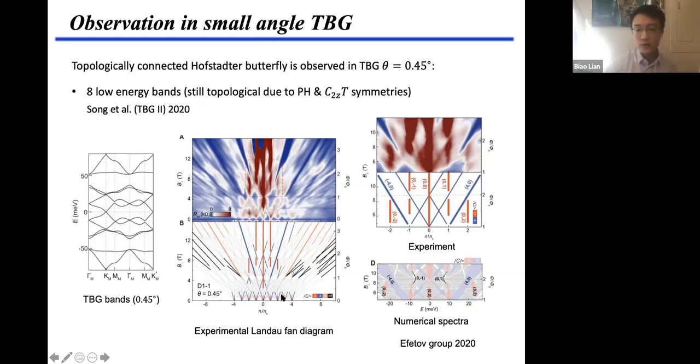And indeed, we see the Landau fans. This is done by Dmitri Efetov's group. The Landau levels from the lowest two bands always extend all the way to the higher bands, which indicates a connection of the Hofstadter butterfly.